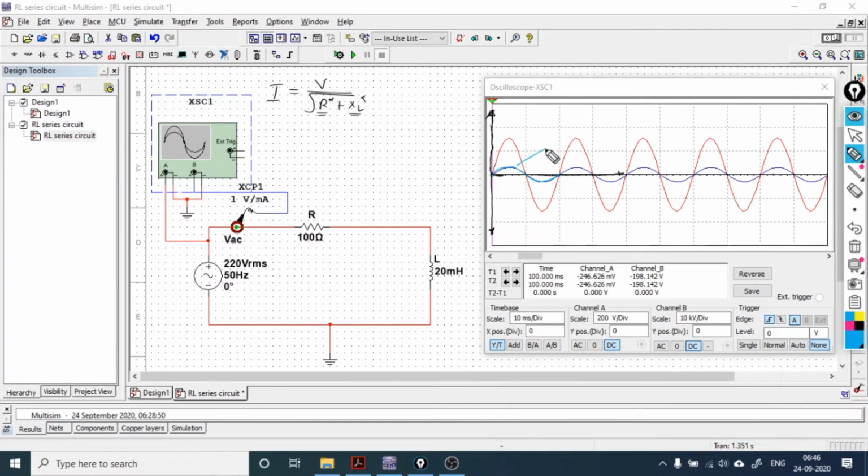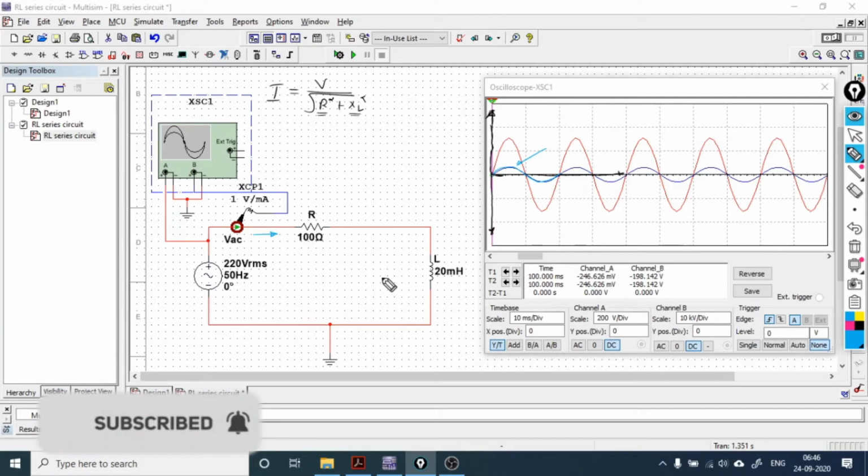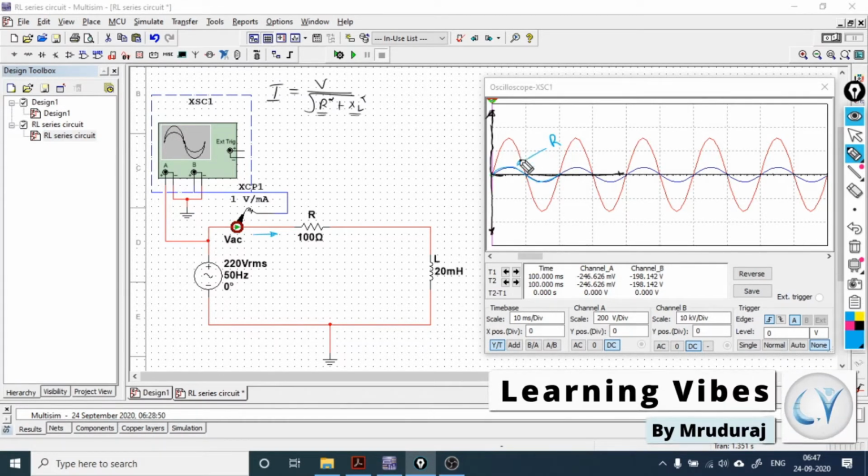So this current is passing through this RL series circuit when the circuit is more resistive, or if we call it a pure resistive circuit, right? So when the circuit is pure resistive, you can observe that the voltage and current, they both are in same phase.